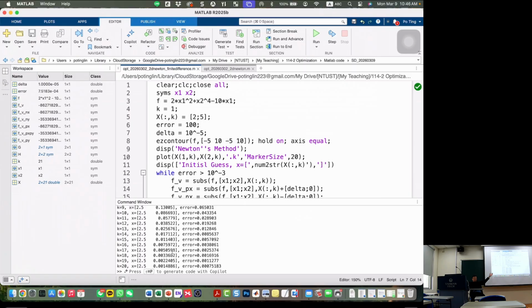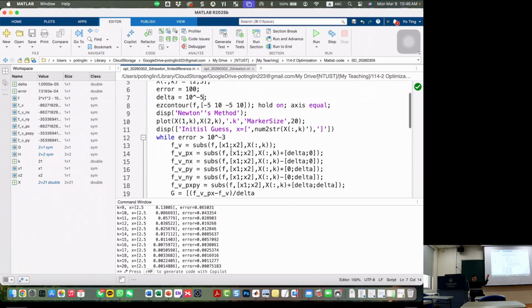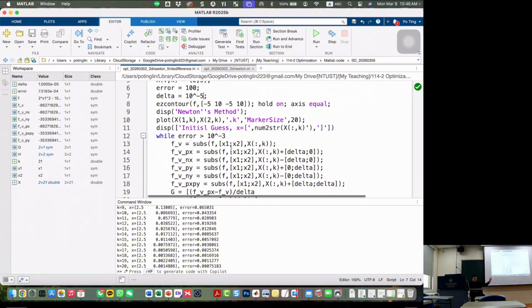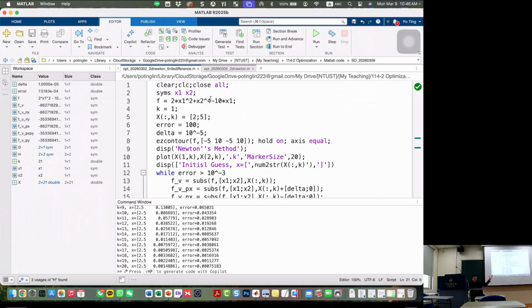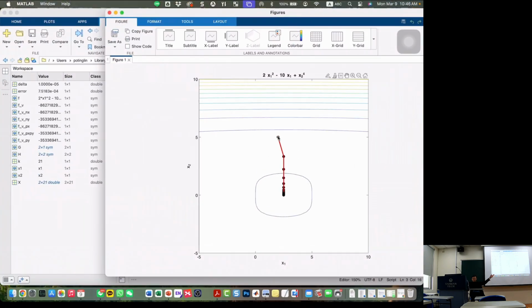So with a good choice of delta, a pretty small delta, your gradient would be more precisely estimated. So your gradient and your Hessian are more accurate. But this problem is very nonlinear. It's fourth order in x2. So it took Newton's method 20 iterations to get to this point.